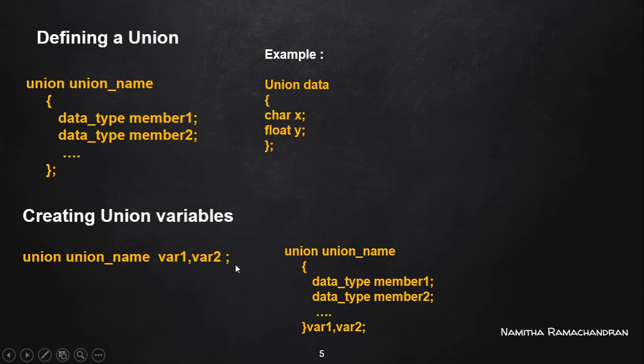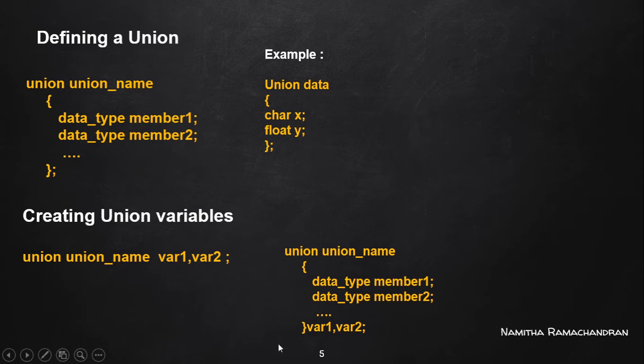In a structure, the syntax is struct, space, structure name, then variables. Here we use the keyword union instead: union, space, union name, then variables.